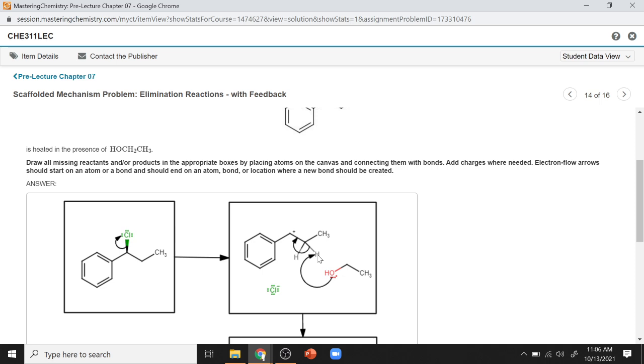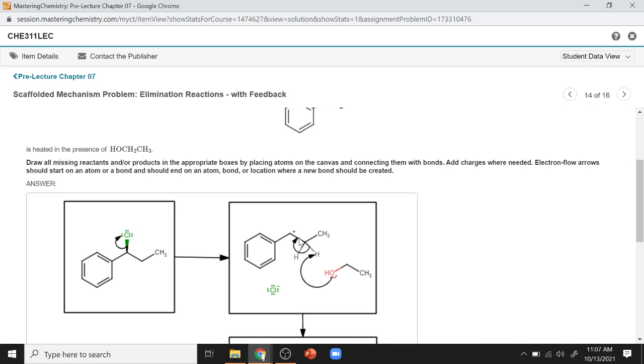It's going to take that acidic proton. That will leave you with an H2O plus off of this ethanol, right? That will also leave you with a negative charge that's going to go into this bond so that you have a double bond, which is what you always get when you do eliminations, right?